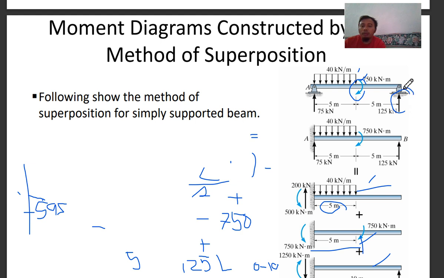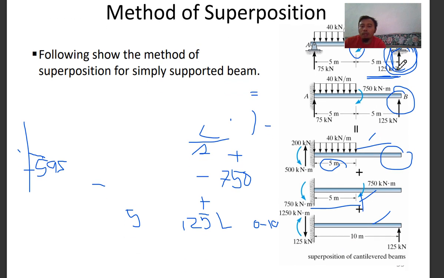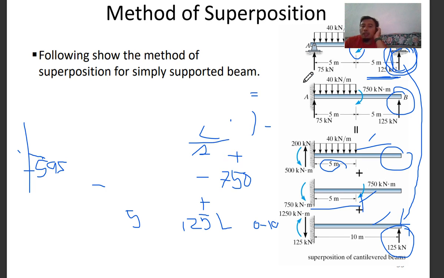Be mindful that you need to include the reaction at the other endpoint that will become free from support here, to add one more free body diagram for that reaction, because there is the applied load also, because it is actually a point load at first.